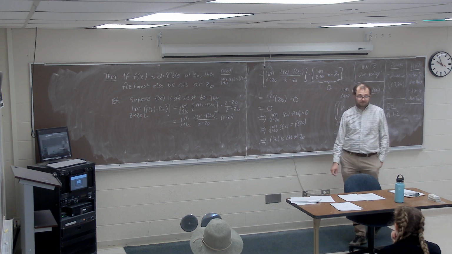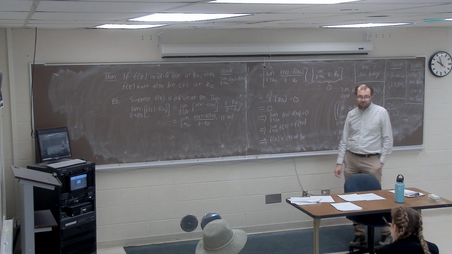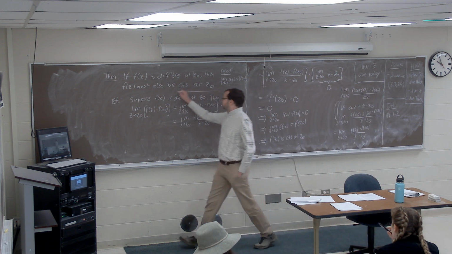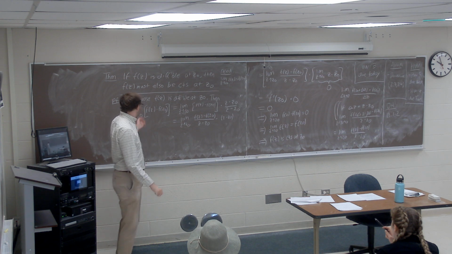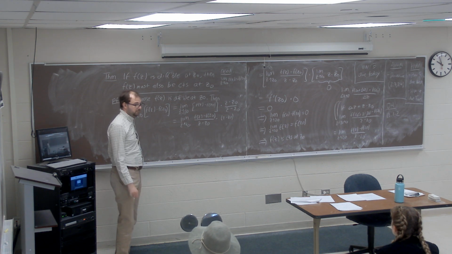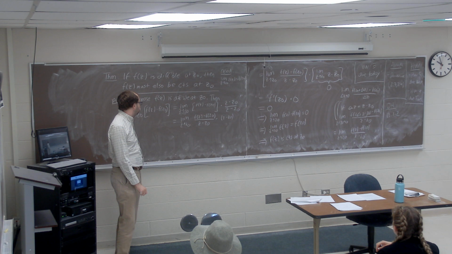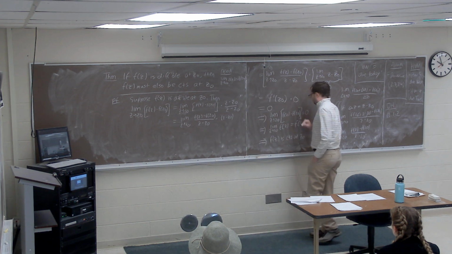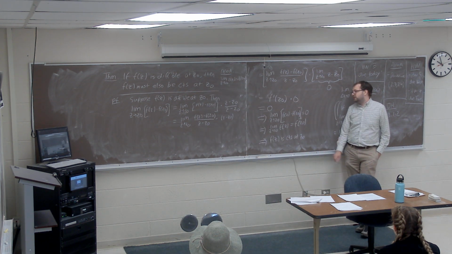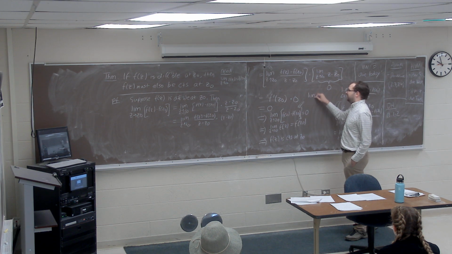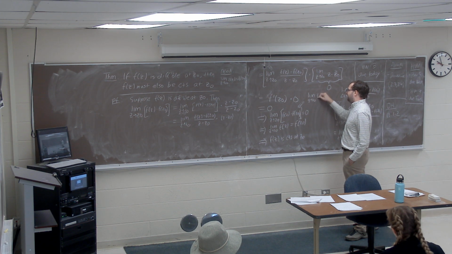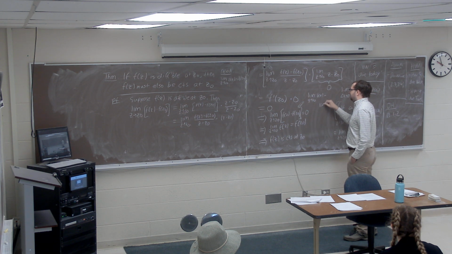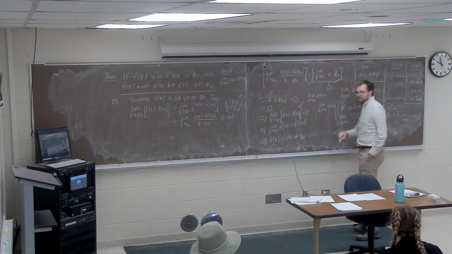Katrine? Yeah, in the original part, that first line, is the f of z naught inside of the limit? Because then at the end it seems like it's outside of the limit. It technically is. But you can split this up into the limit as z approaches z naught of f of z minus the limit as z approaches z naught of f of z naught if you wanted to.